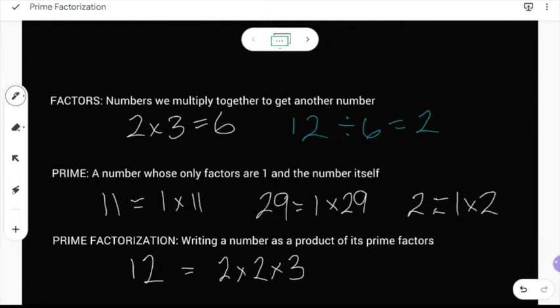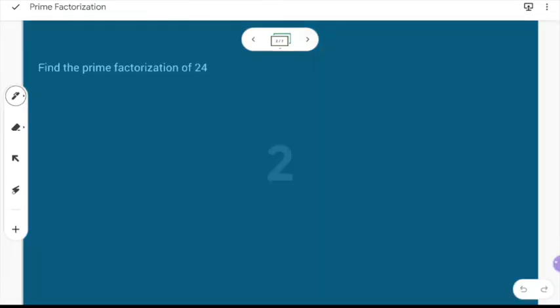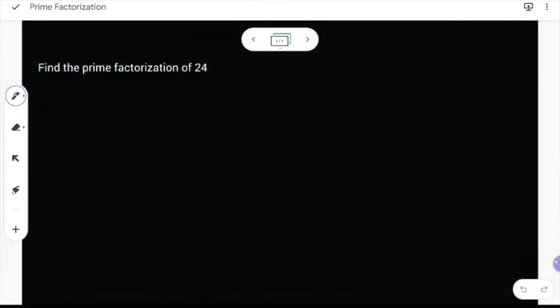What we're going to do is look at how to take a number and figure out what its prime factorization is. I'm going to look at the number 24 and find the prime factorization of 24. My first goal is to think about what I can split 24 into, and I also want to try to pull out a prime factor every time, and sometimes it's easier than others.